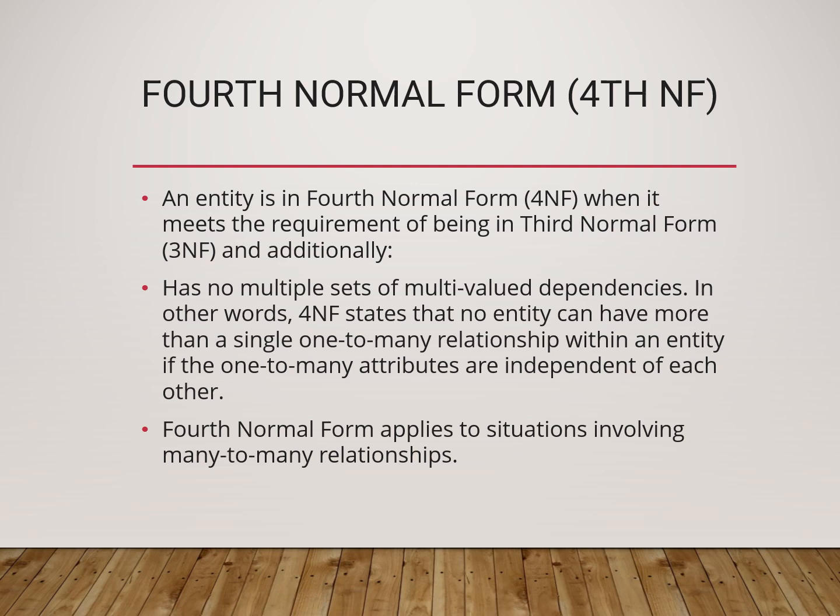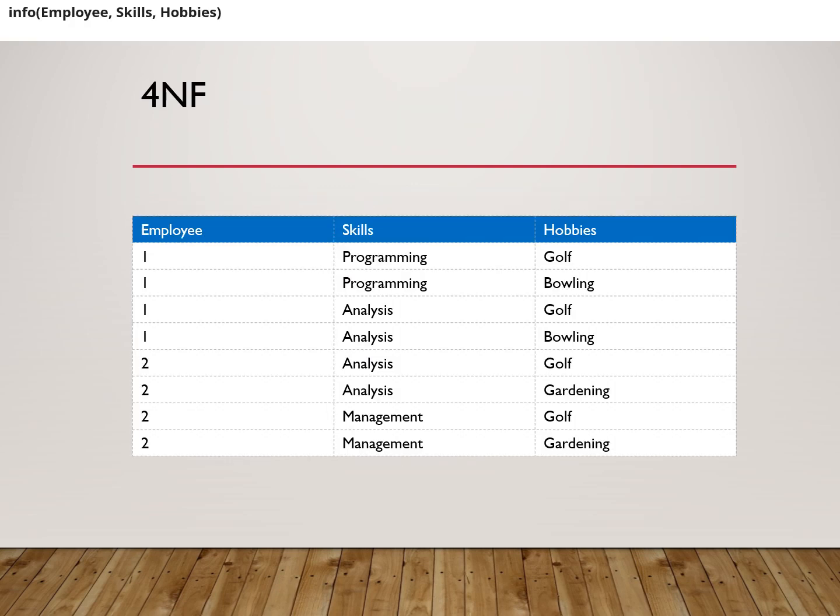Consider an example: employee, skills, hobbies. Many employees have many skills and many hobbies. So multiple values and multi-value dependencies are here. We split this table into two tables, an employee skill table and an employee hobby table.